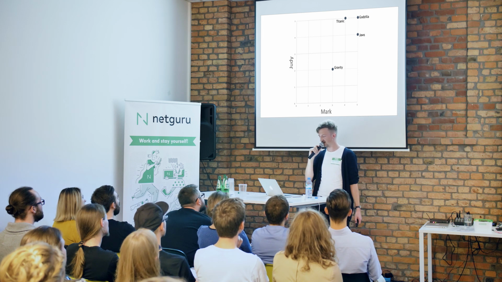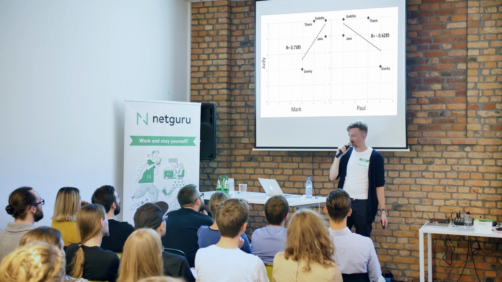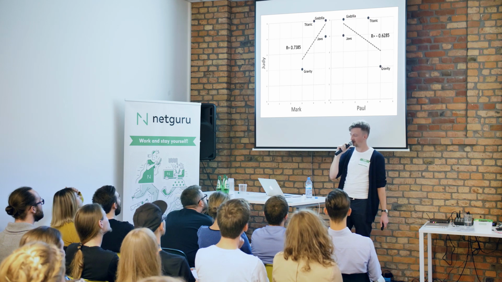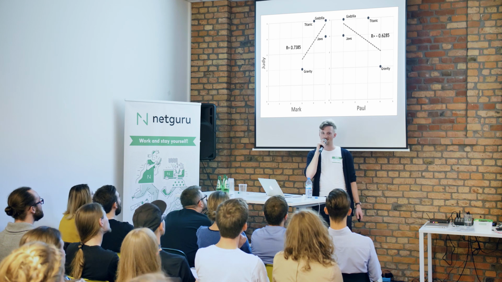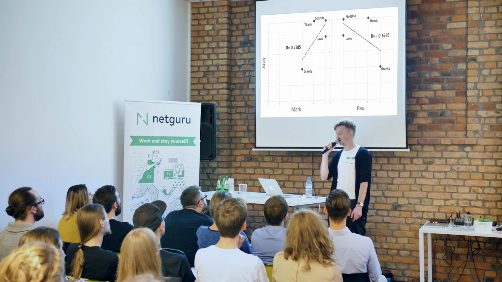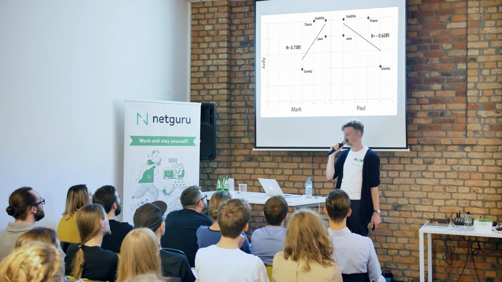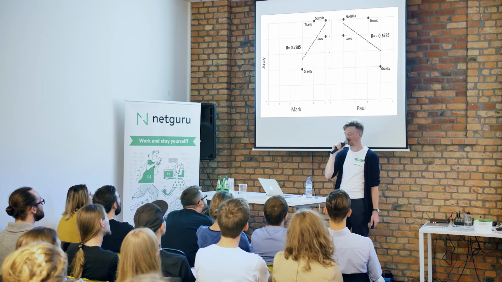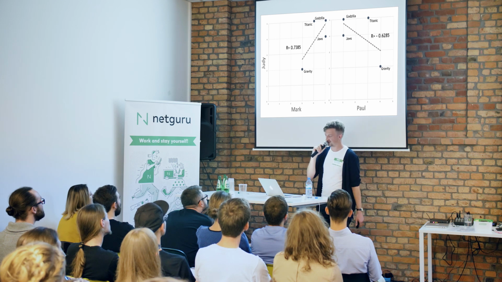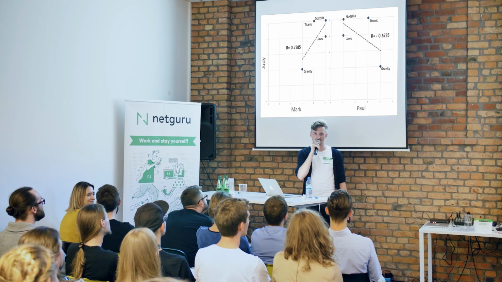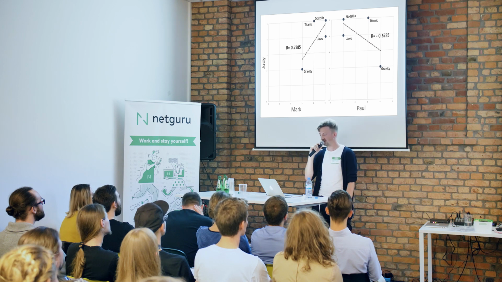For comparison, on the right side you have Judy and Paul, and we can see that the line goes down this time, and there's a minus in the R, so we're coming into negative values. This means that they're not similar, and they actually have exact opposite tastes.